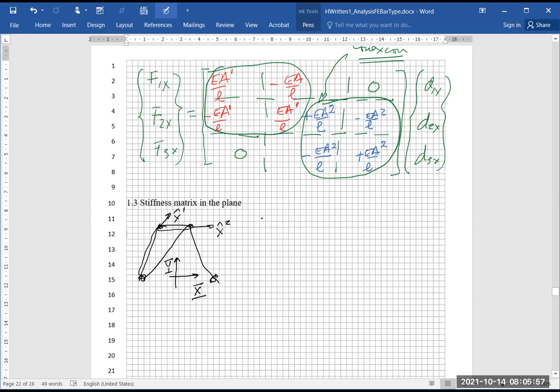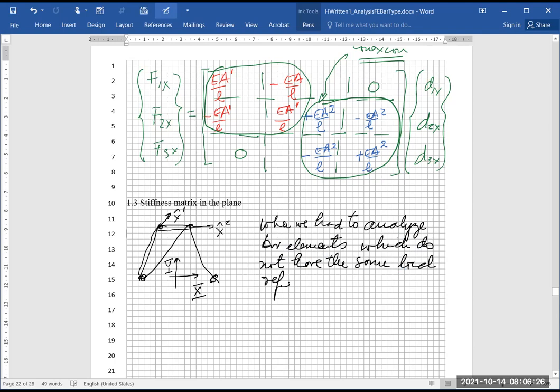Okay, so when we have to analyze bar elements which do not have the same local reference system, a common global reference system must be employed.